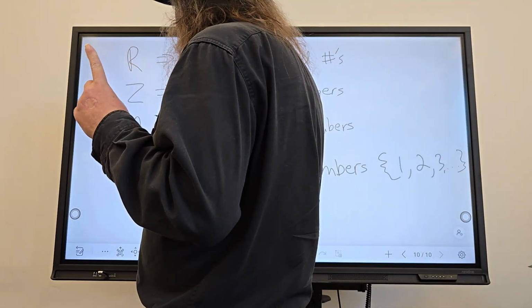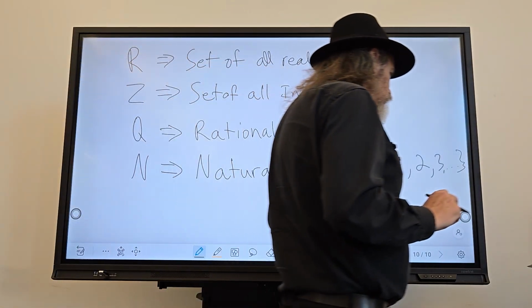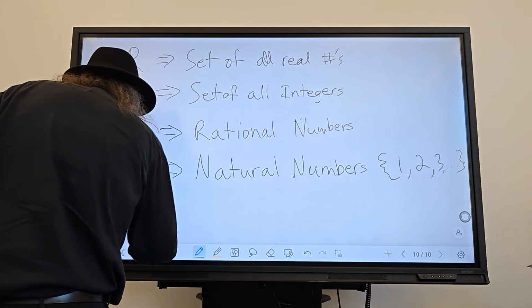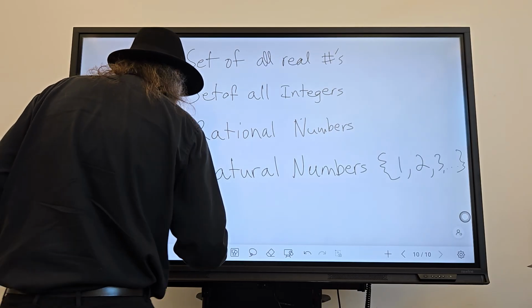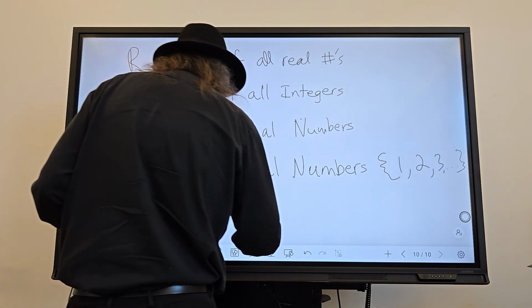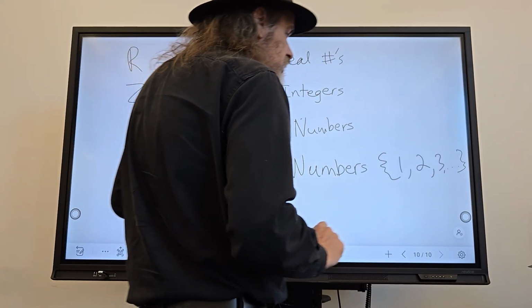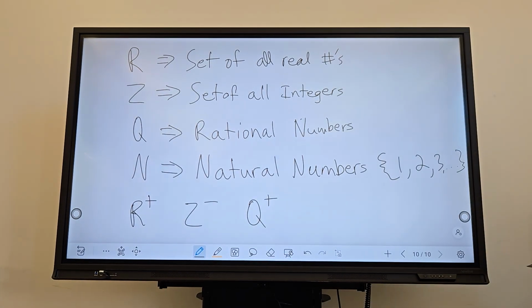You can also add a superscript, such as R plus, Z minus, Q plus. Those indicate that those sets only refer to the positive or negative elements of the set.